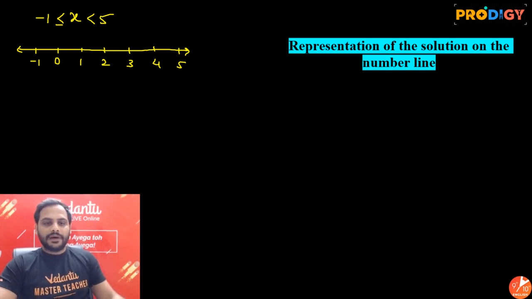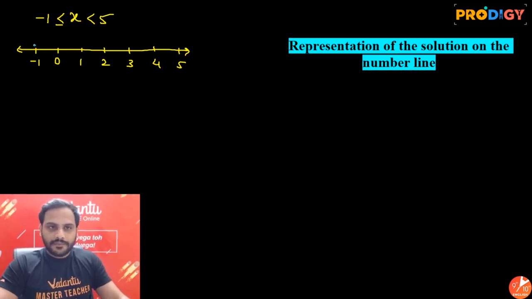Now let us understand. Look, -1 is clearly shown over here: x is greater than or equal to -1. That means the value of -1 is included, so a darkened circle.